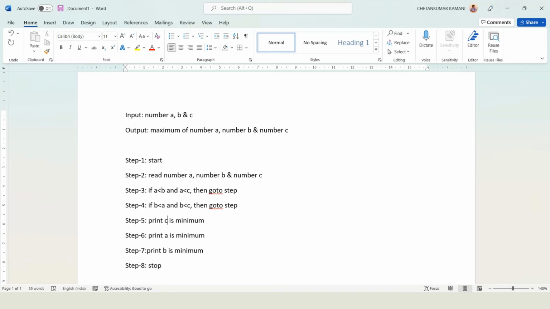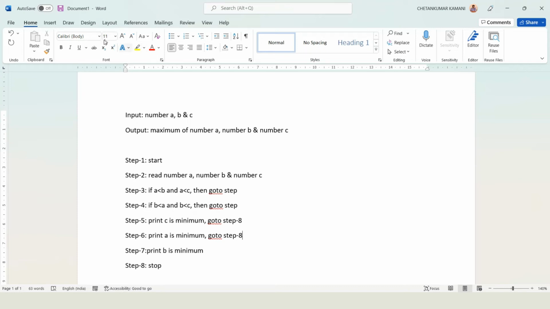Okay, I have to redirect the control to step number 8 from here. Go to step 8. Same here, go to step 8. So this is the algorithm. Nice, right? It is nicer than the previous one and easy to understand.